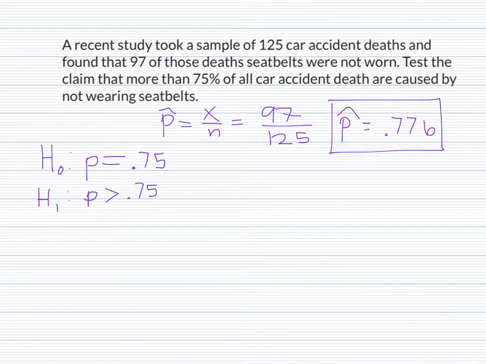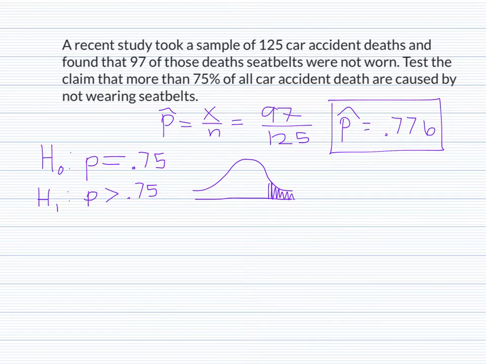Now, we need the null hypothesis to make a conclusion, and we need our alternative hypothesis to test what tail we're using. So with the tail on here, we have a right tail test because it's more than 0.75.